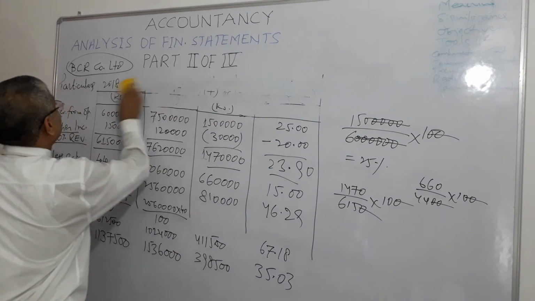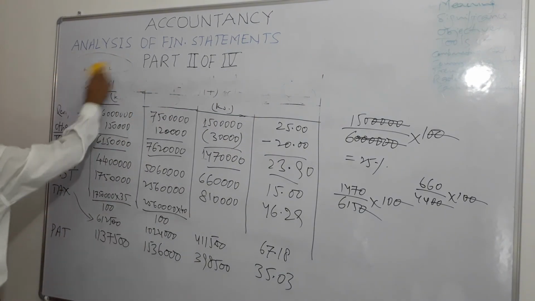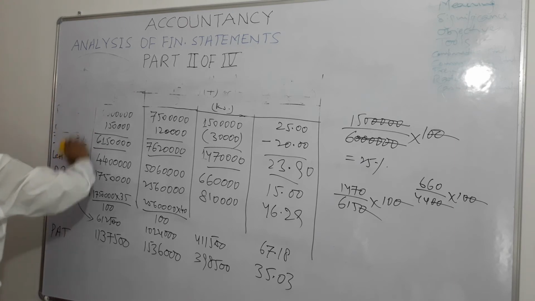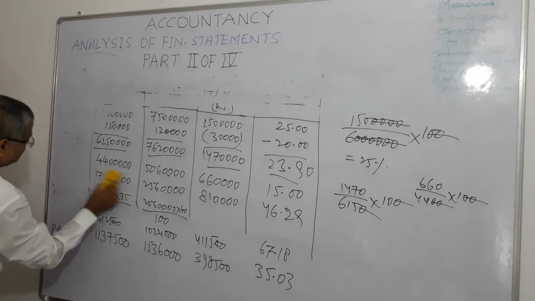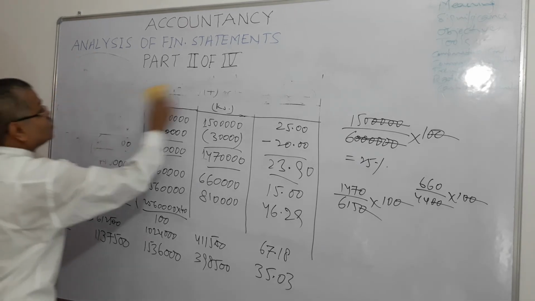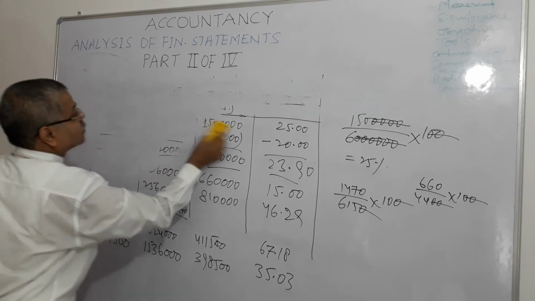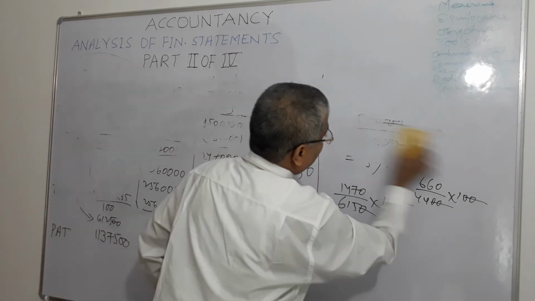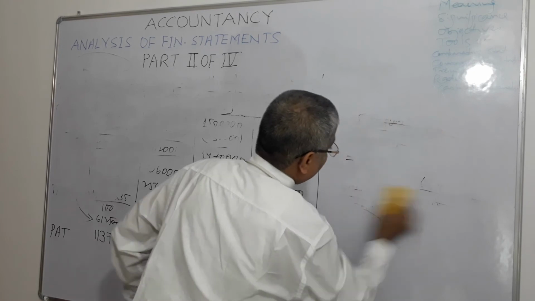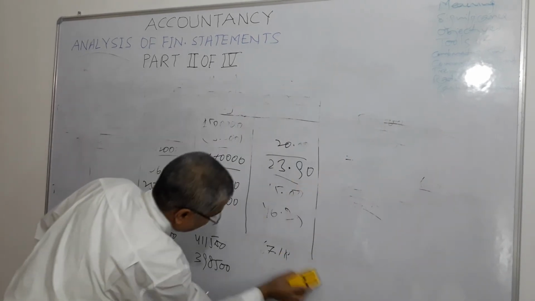Now we will do one more sum in this part 2, so that things become more clear to you. We will do it as clearly as we have done this one.